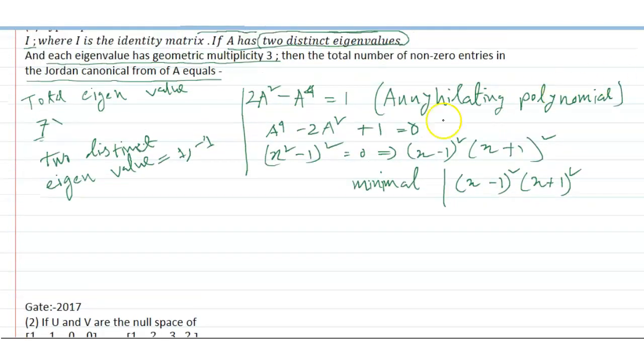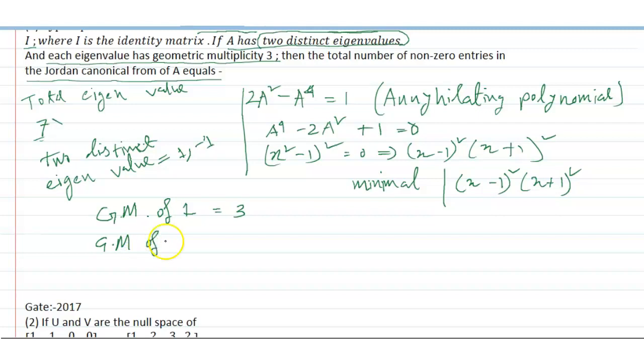So GM of 1 is 3, and GM of minus 1 is 3.